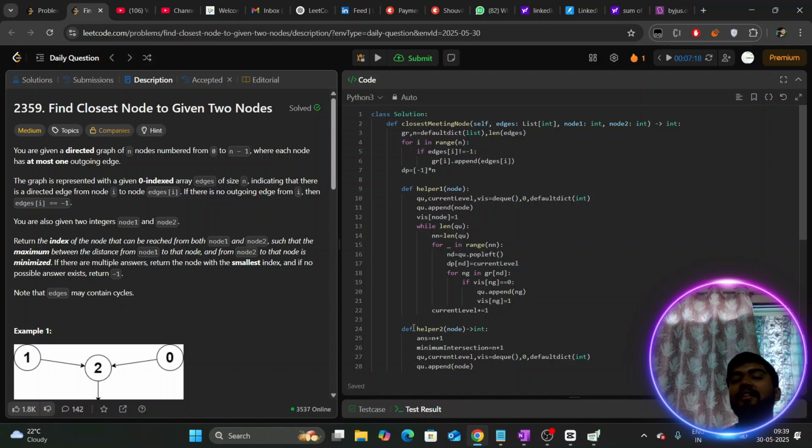So never think about where to mark visited, where to push to the queue, where to pop from the queue. You should not have time to think about these things in a real product-based company interview. You just have to type it when you find your logic. You have to spend your time only on logic building, like what we just saw. So what are the games we have to play specific to this particular question?